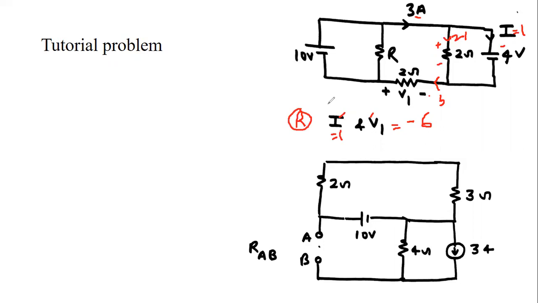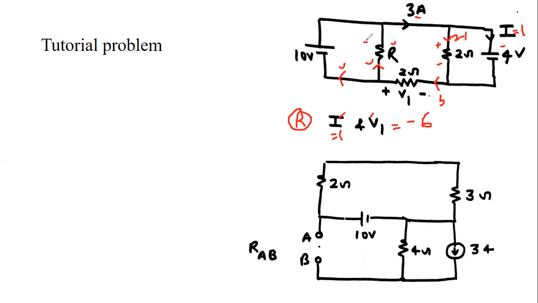Okay. Now third: what is the value of resistance R? First, is it possible to calculate the value of R? Because if we have three terms, two should be known to calculate the third. This current is divided into these two branches, 1 and 2. We do not have information about this current, that current, or about this resistance.